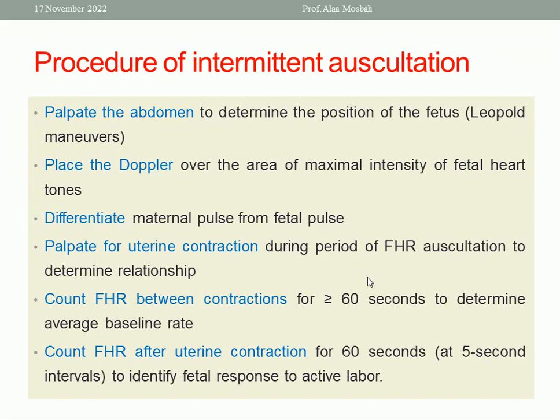But early deceleration, which is descent of the fetal heart rate, as we will see later on, occurs with the start of the contraction and ends with the end of contraction. But in late deceleration, the drop in the fetal heart rate continues after the end of contraction. That's why you should count the fetal heart rate after uterine contraction for 60 seconds.